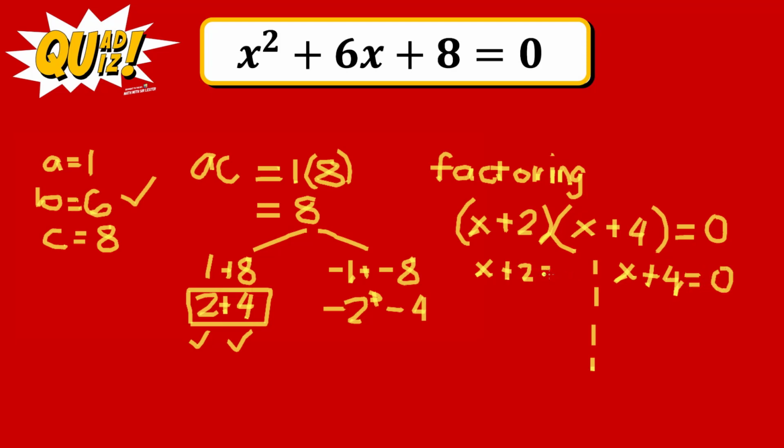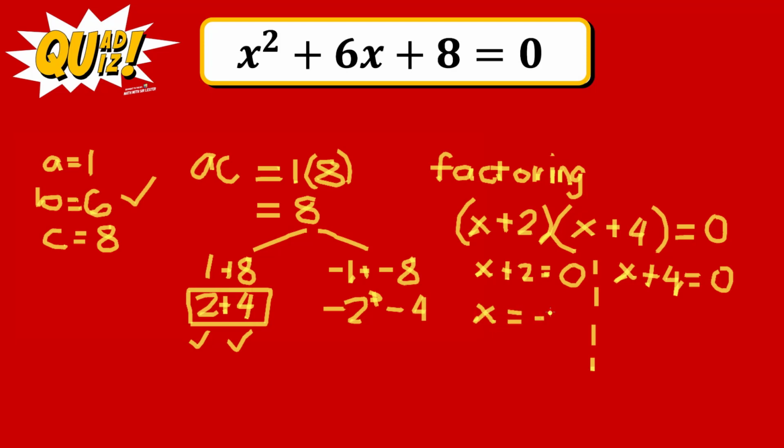Again, the entire expression is equal to 0 if one or both factors is equal to 0, because when you multiply any number, whether it's large or too small, radical, fraction, to 0, you will always get a result of 0. Now, after this, we can now solve for the values of x.